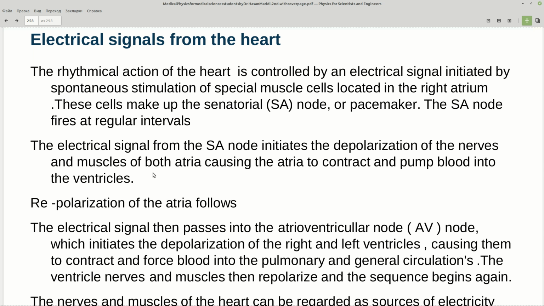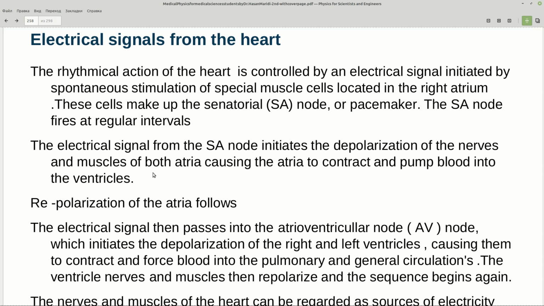The QRS complex on the graph indicates ventricular depolarization. The ventricle contraction is between S and T, which represents the ventricle, and then the cycle of the ECG goes again.